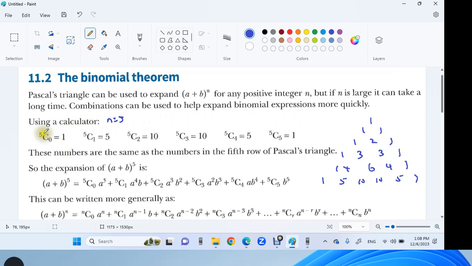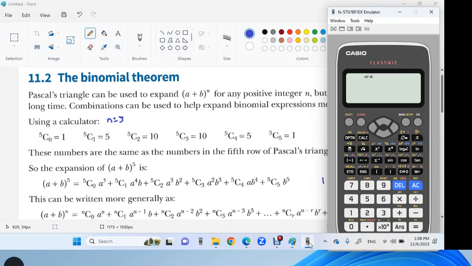we will use this. 5C0 is 1, 5C1 is 5. C stands for combination. 5C2 is 10, and 5C3 is 10 as well. 5C4 is 5, and 5C5 is 1.